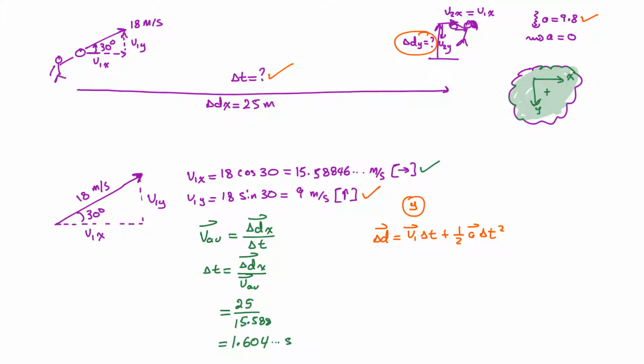So delta position here is equal to v1y, which has a value of 9. But notice that my y positive is in the downward direction, and this is actually in the upward direction. So I have to use a negative value here. That's negative 9. Delta t is approximately 1.604. Again, when I plug it into my calculator, I'm going to use the exact value that I got here in my calculator and not the estimated one.